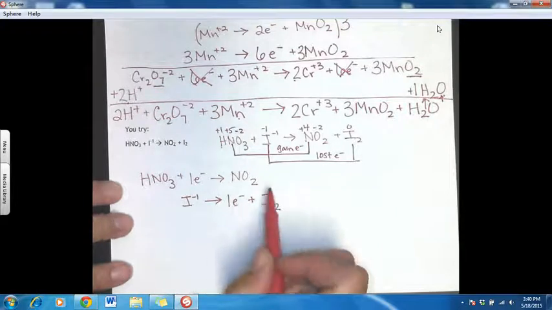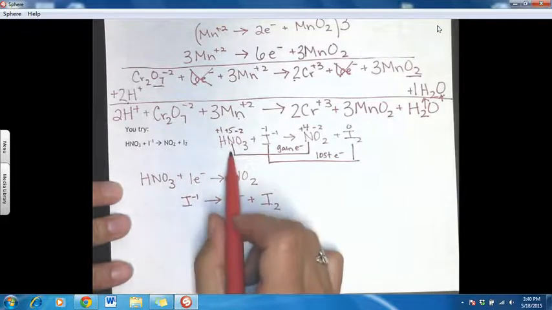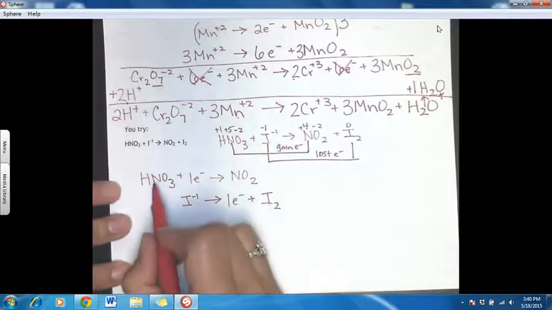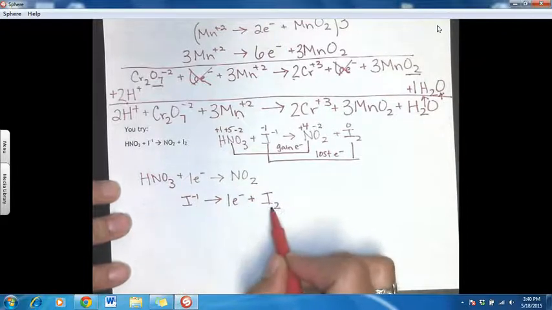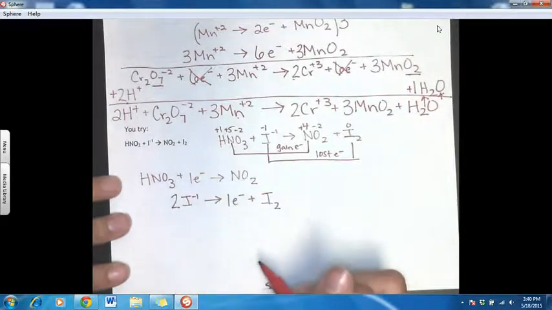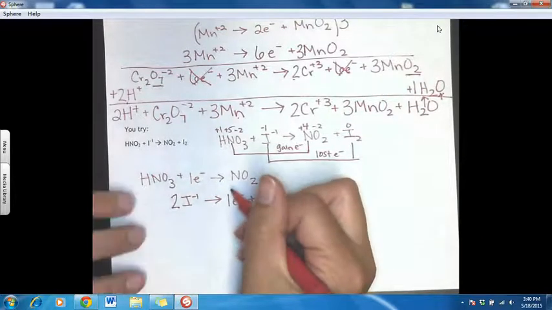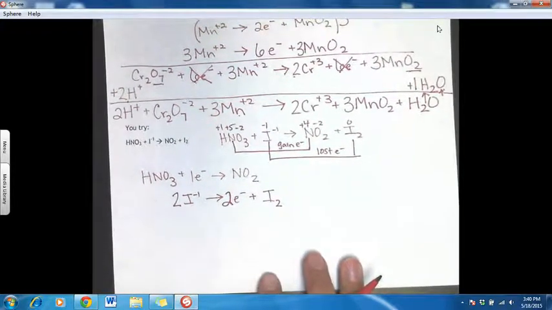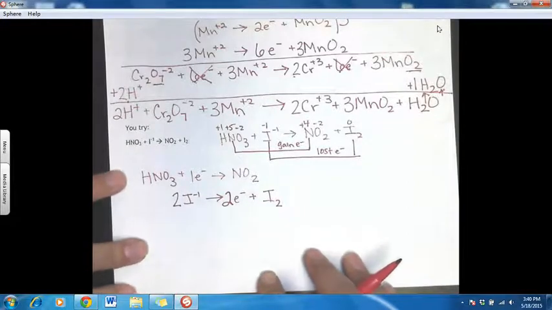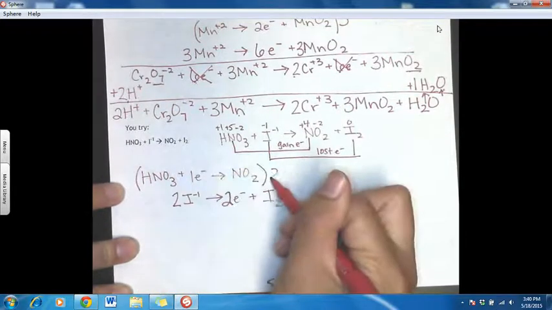So we go up and look at the elements that were being oxidized and reduced. 1 nitrogen here, 1 nitrogen here, 1 iodine here, 2 here. So we added 2. That means we need to double our amount of electrons from 1 to 2. We need our electrons to balance, so we're going to multiply this one by 2.